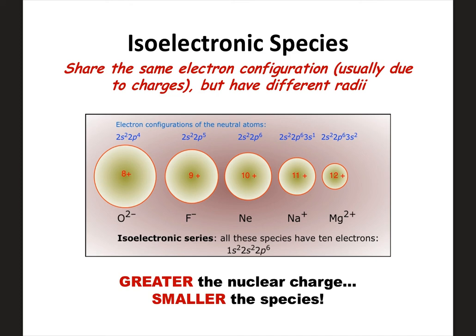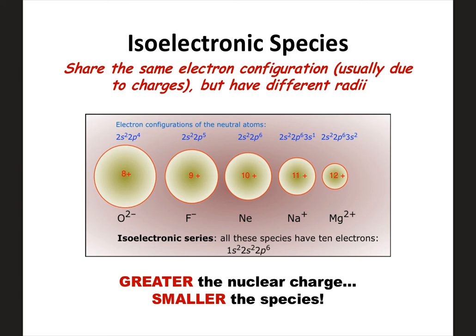For example, all of these species have the electron configuration of 1s2, 2s2, 2p6. Essentially, they all resemble neon in terms of their electron configurations. Neon is a noble gas, has 10 electrons, but they all aren't neon because they don't have 10 protons, but their electron configurations resemble neon.